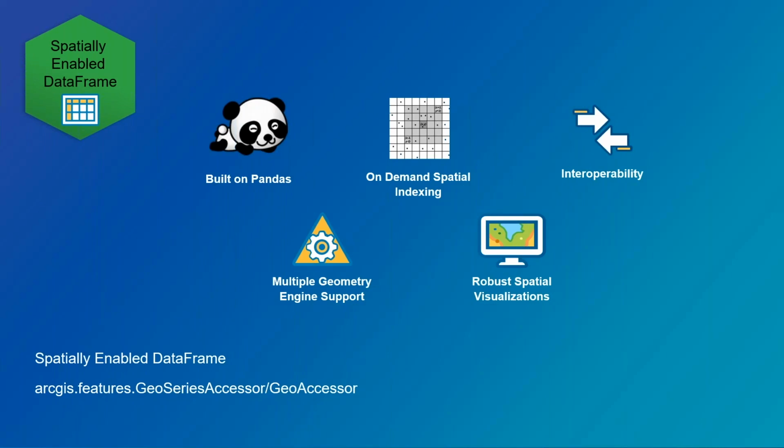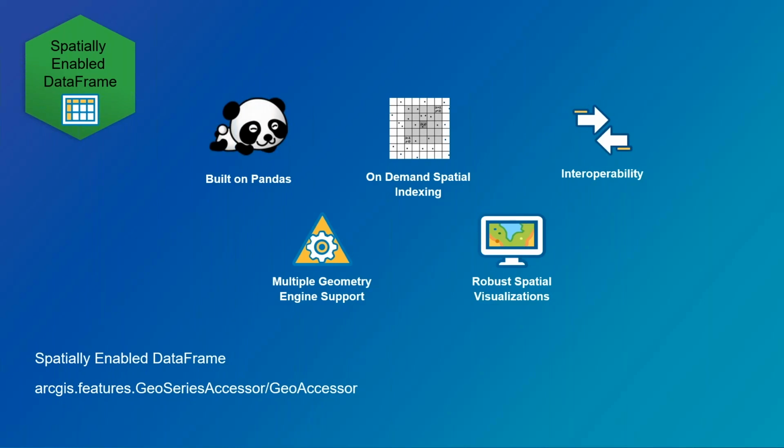The SEDF allows for basically the consumption of both local and online data. It's cross-platform, which basically means that it'll work on Linux or Windows or Mac. It also has multiple geometry engine support. All that means is that if you're on a Mac and you don't have access to ArcPy as your geometry engine, you can install Shapely and still have basic geometry operations like buffer and intersect.